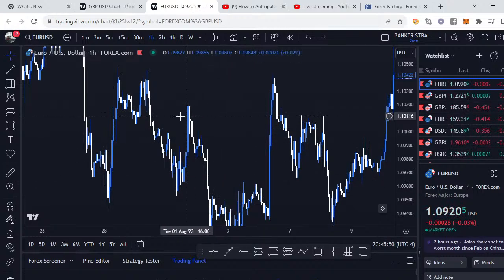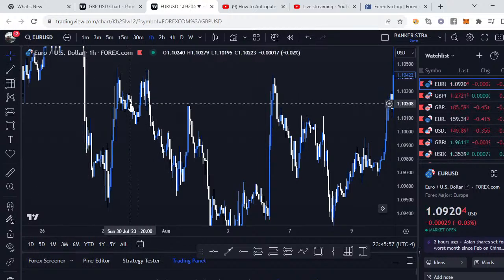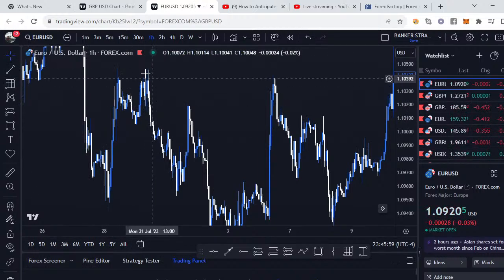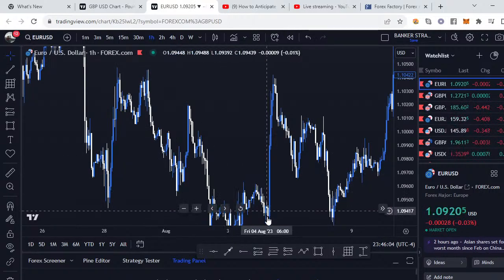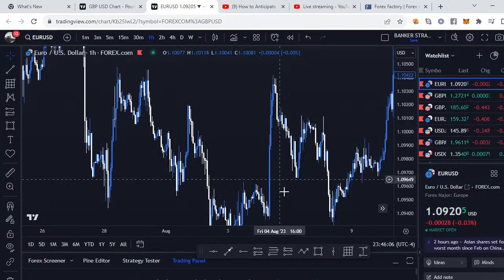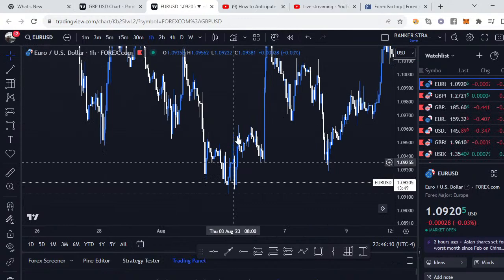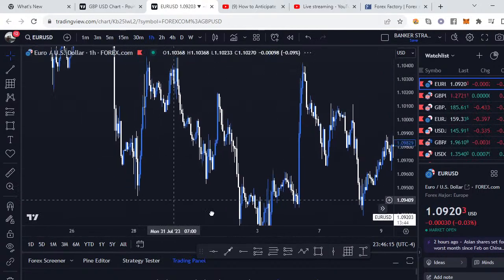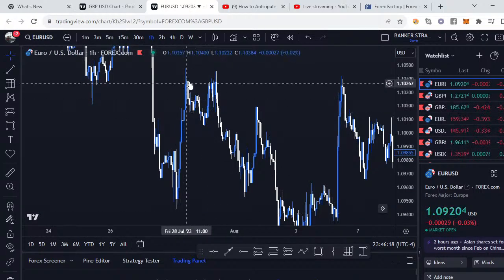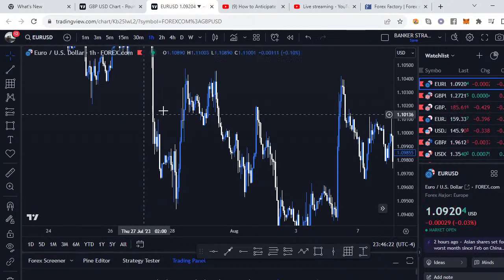But an order block on the chart is labeled as the last up candle before the down move and the last down candle before the up move, right? The last down candle before the up move, and the last up candle before the down move. Okay? There's a lot of significance in this.